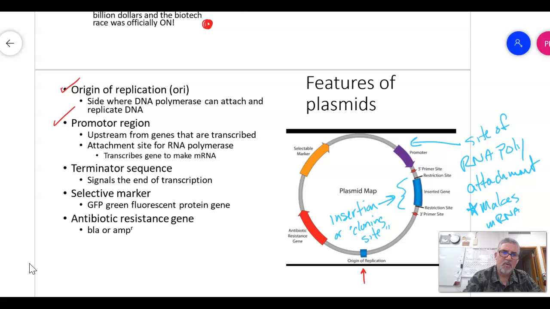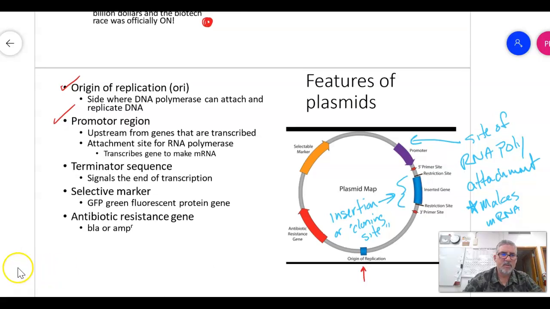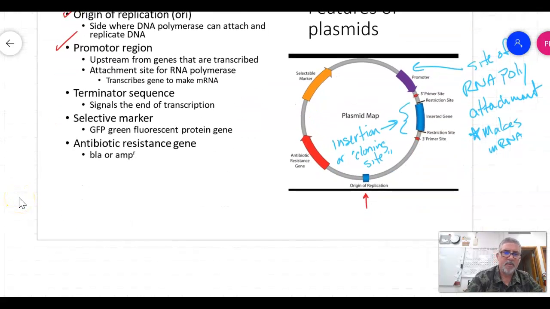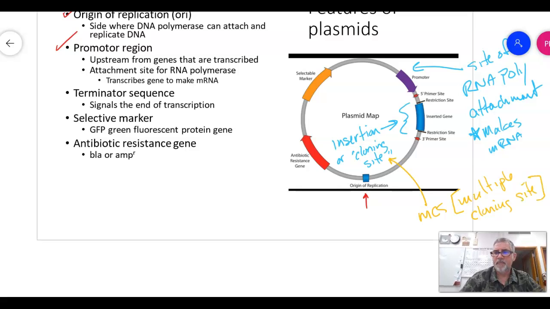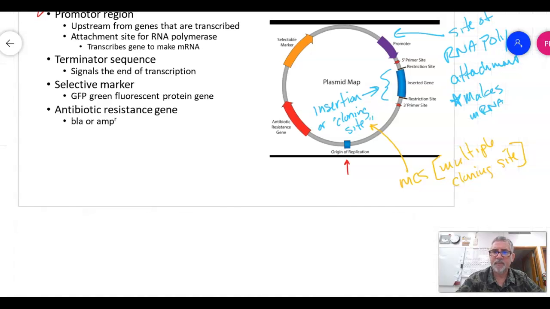Just to piggyback off of that, remember an MCS, which is a multiple cloning site, has many restriction sites.